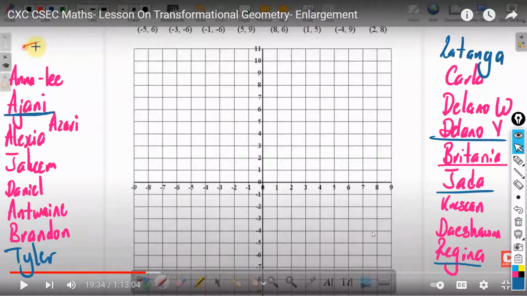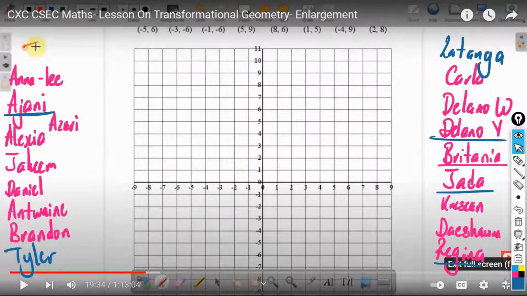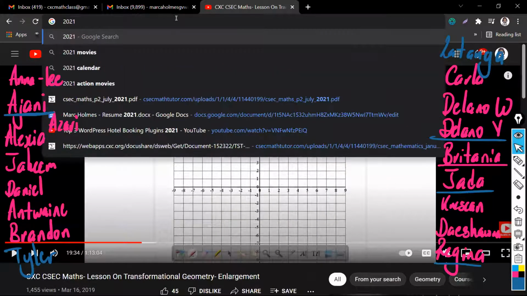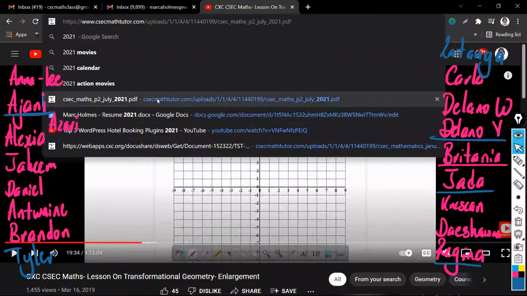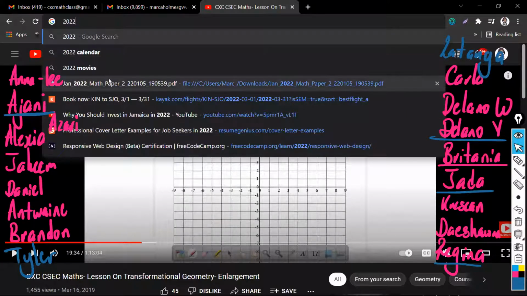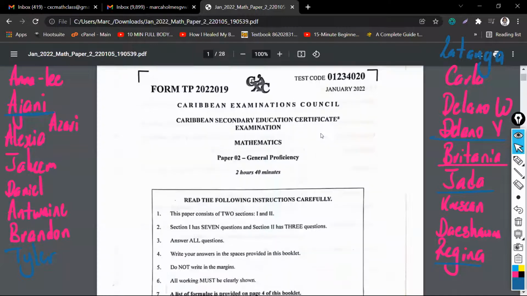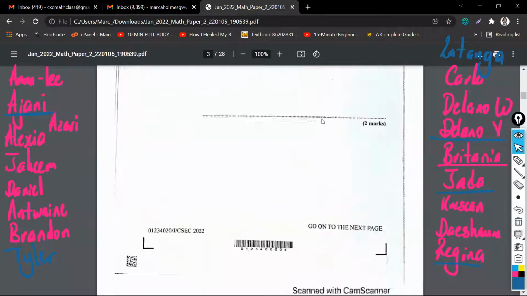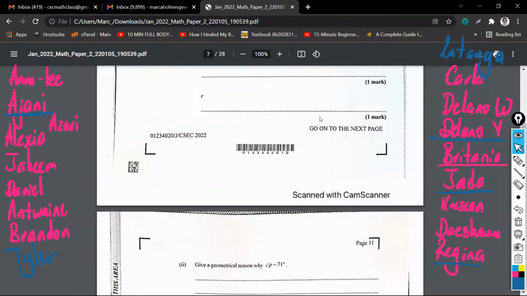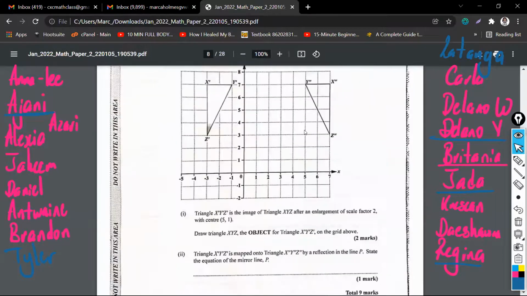Okay, so let's look at a real life example, guys. You know I love real life examples. Let's look at the most recent exam to see if any transformations were in there. Let me do 2022. Sorry, guys. Let's look at January 2022. Okay, yes.